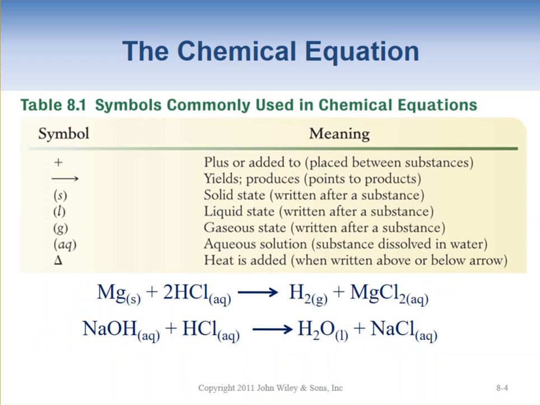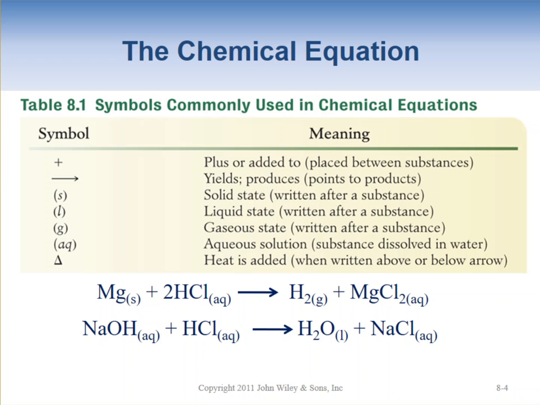So this table just summarizes everything we talked about, the different symbols in a chemical equation. Plus is used when you have more than one reactant or product. The arrow, or the yield, always points towards the products. That allows us to know which direction a reaction is going.